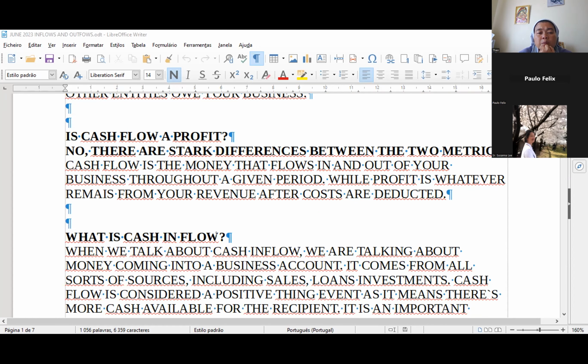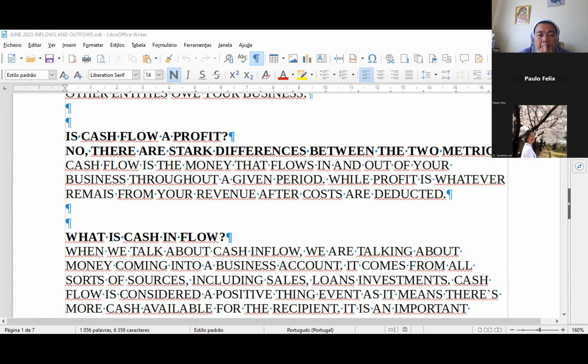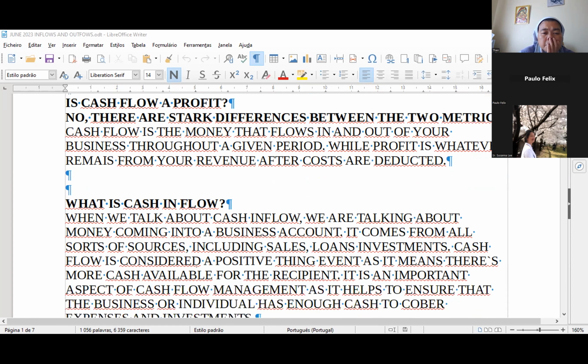What is cash inflow? When we talk about cash inflow, we are talking about money coming into a business account. It comes from all sorts of sources, including sales, loans and investments. Cash inflow is considered a positive event, as it means there is more cash available for the recipient.